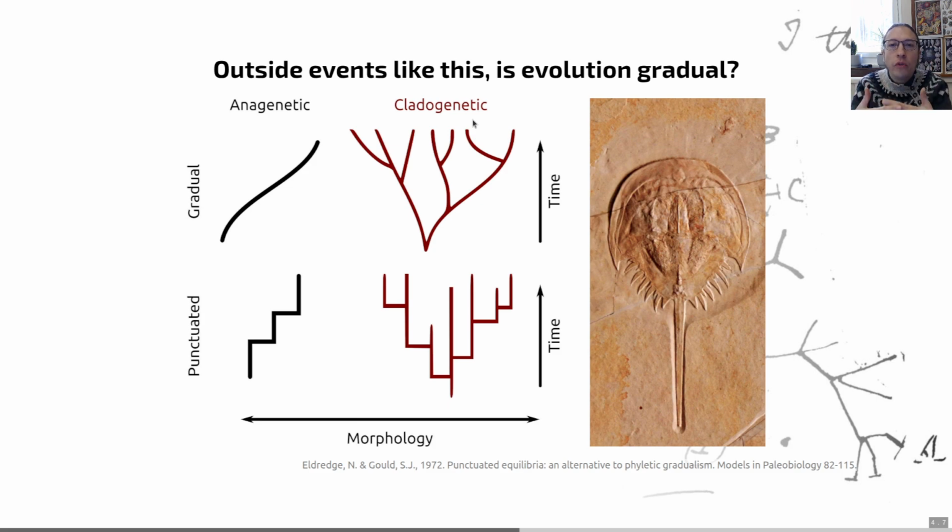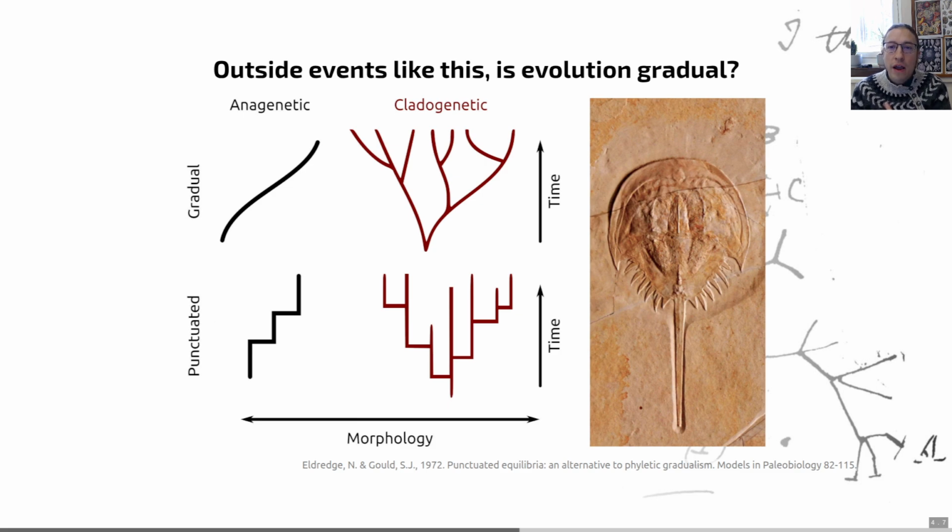But we can also map those two types of evolution to styles of either gradual change that is shown on the top here, or to bursts of evolution, which we can see on the bottom here, whereby change will be concentrated into these bursts we can call punctuations, and these punctuations are punctuating stasis, so periods of non-change.